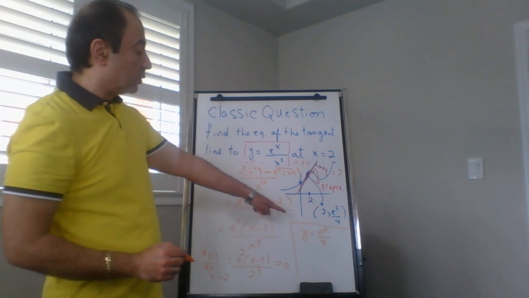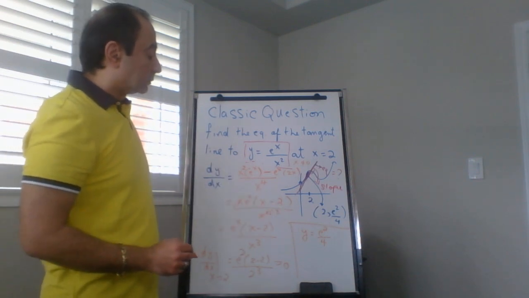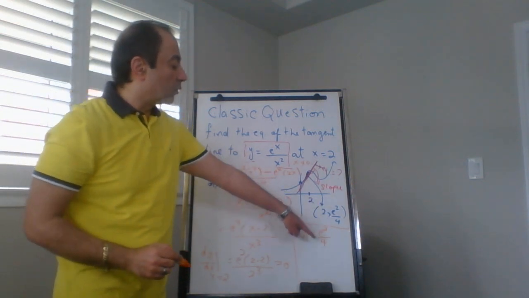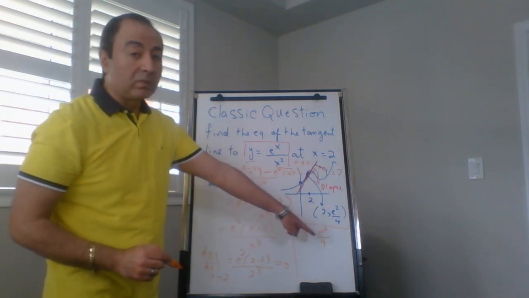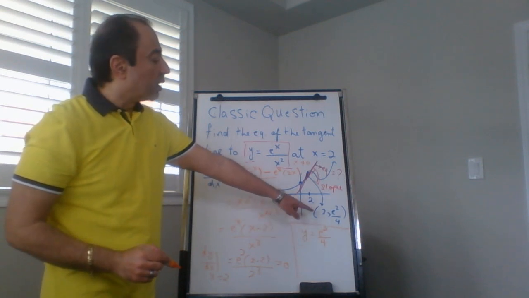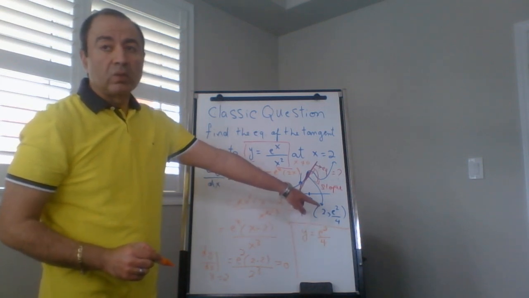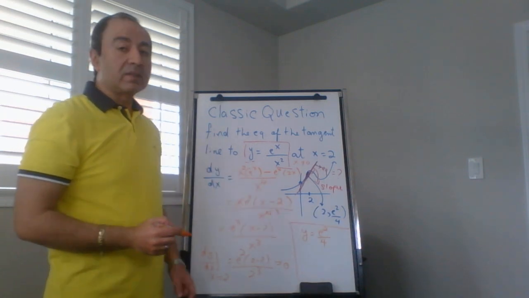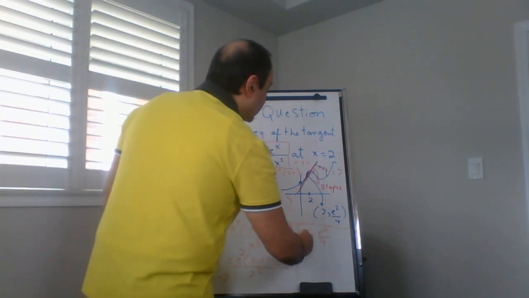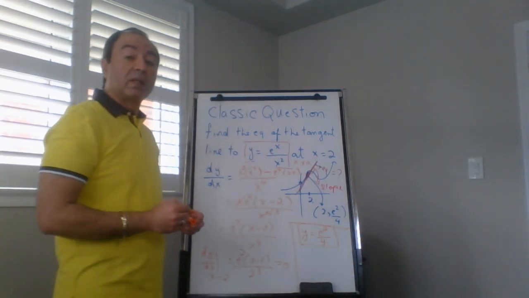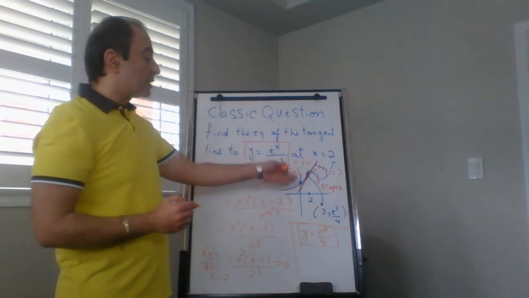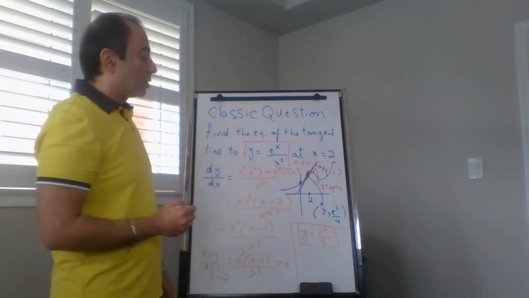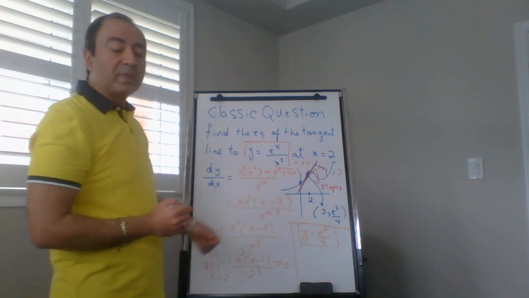Because if you use the point slope form, it will be y minus e squared over 4 equals 0 times x minus 2, and 0 times x minus 2 is 0, so we can send this to the other side and the equation will be this. It is a horizontal tangent, so probably this is a local max or local min for this equation, or it could also be an inflection point.